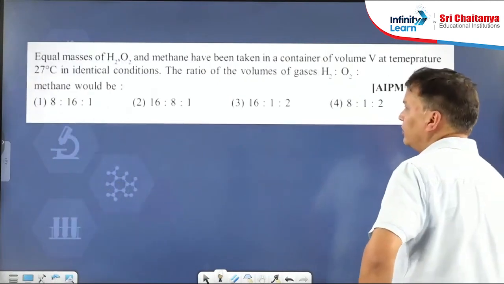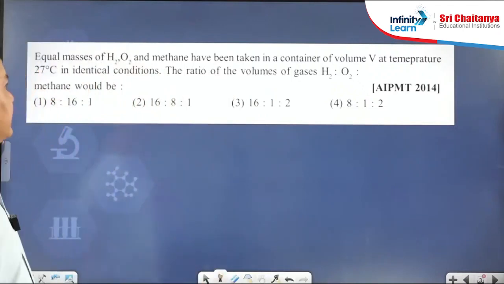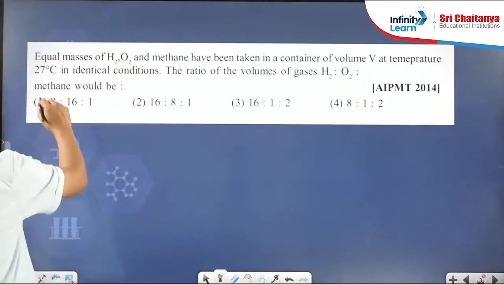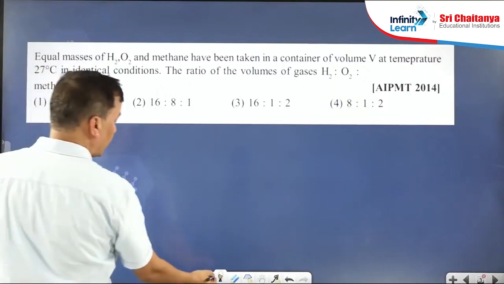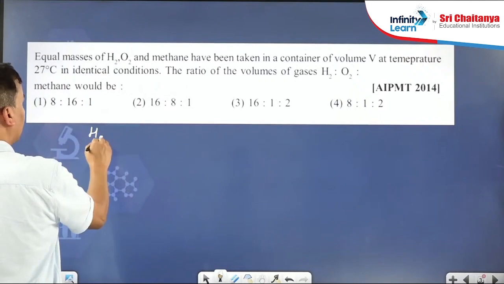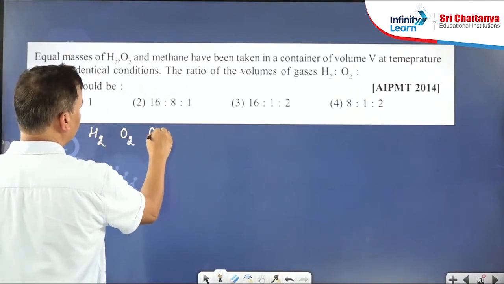Now I am moving to the next question. This is also very important to understand. First of all, let me explain. Look at the question: we have hydrogen, oxygen and methane.